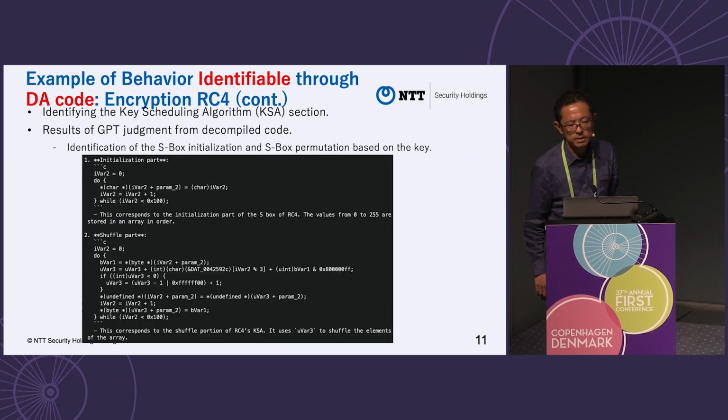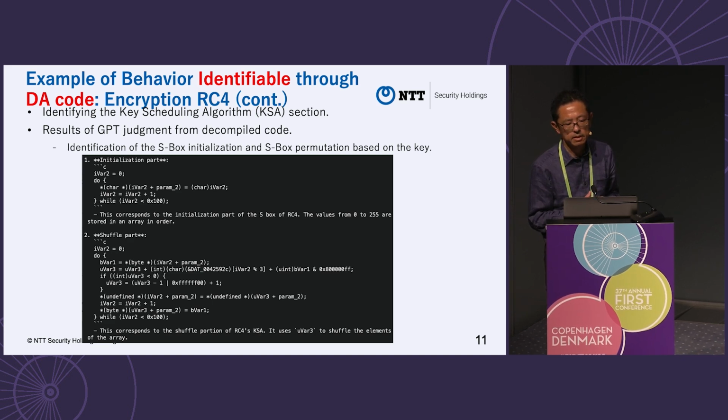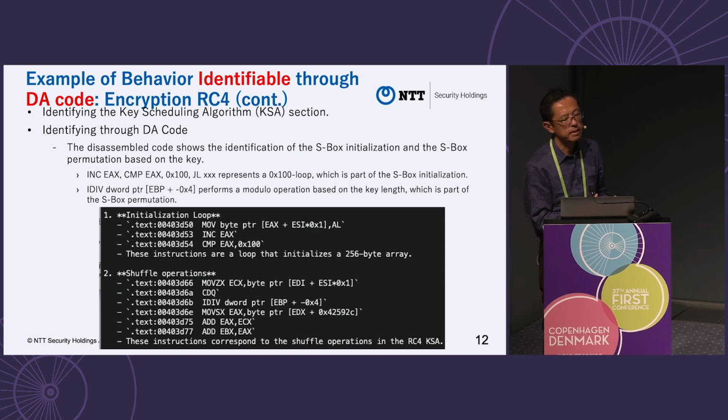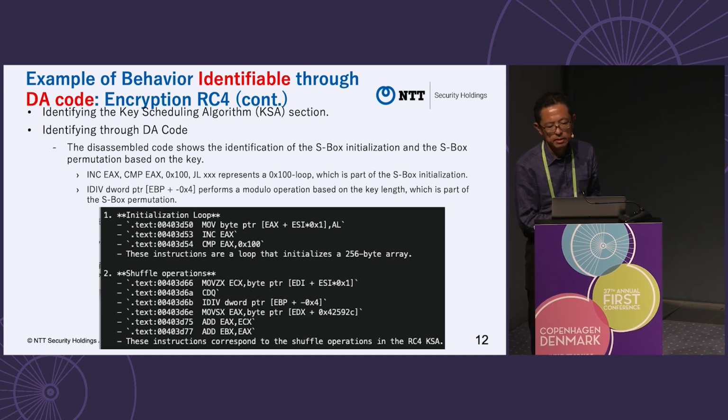This is the GPT-4 result in decompiled code. GPT-4 also identified KSA based on S-box initialization and S-box permutation, just like human analysts. Finally, this is the GPT-4 result in disassembly code.